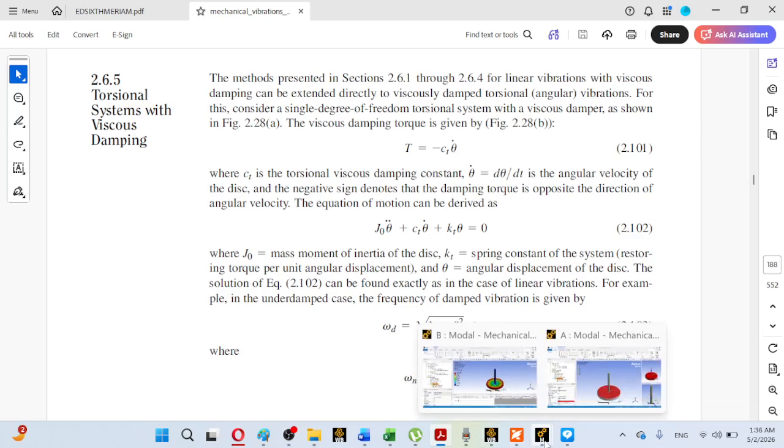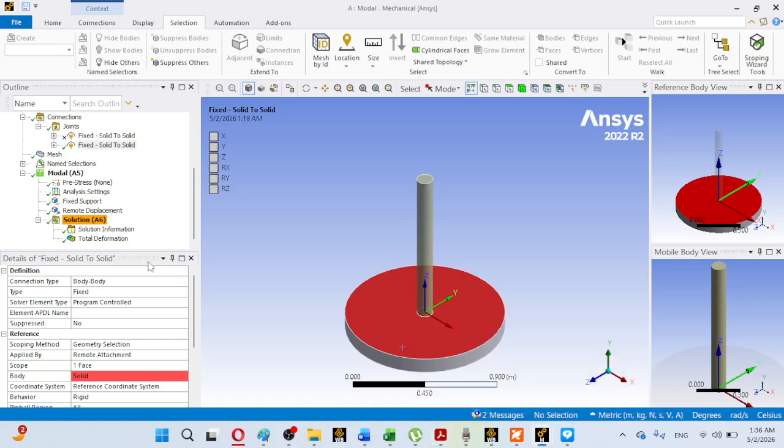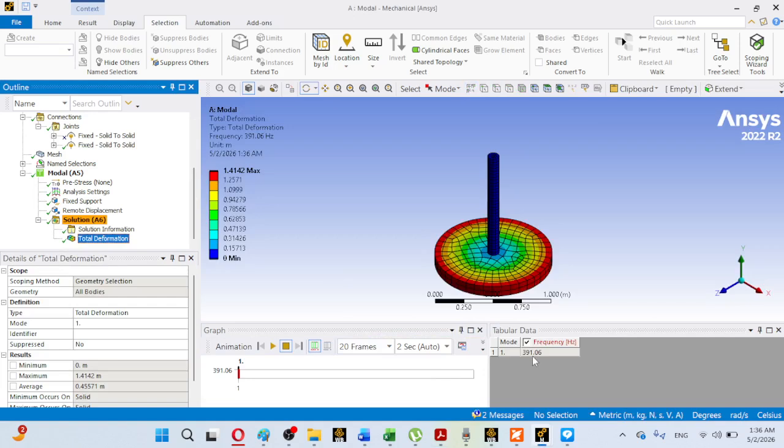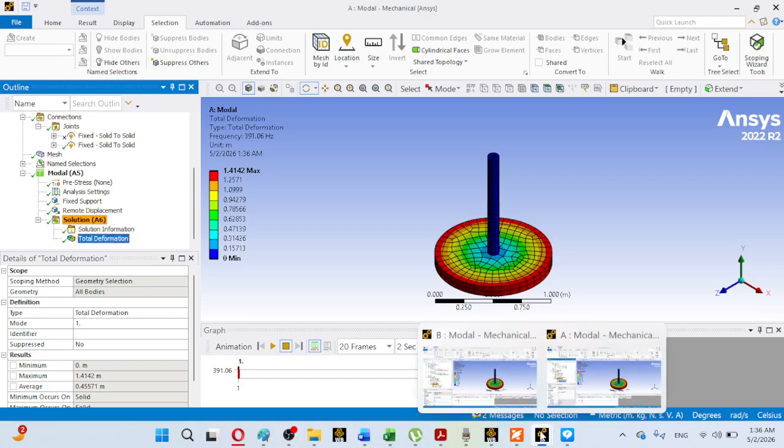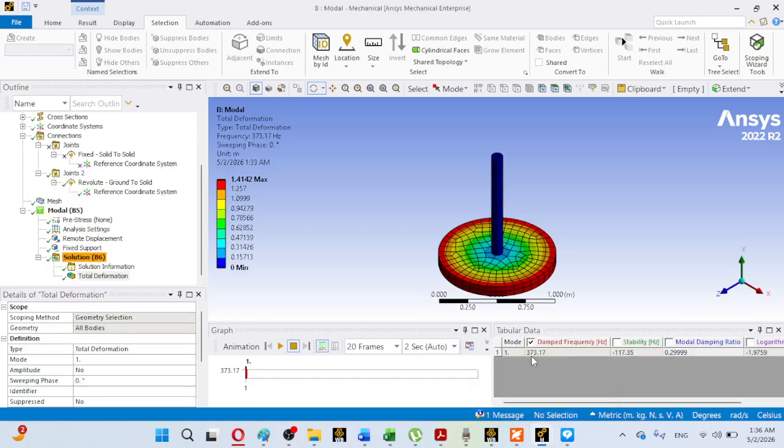And here you have also observed in the undamped torsional system the value that you obtained, 391.06. So this was the undamped natural frequency. And in part B, this is 373.17, the ANSYS model damped frequency.